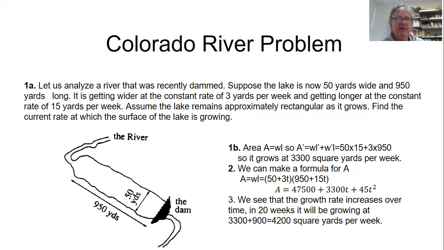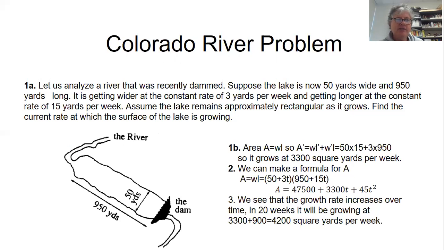Okay, let's say we have a river that was recently dammed, and let's just say the lake is a rectangle, and now it's 50 yards wide and 950 yards long, and let's say it's getting wider at the constant rate of 3 yards per week and getting longer at the constant rate of 15 yards per week.